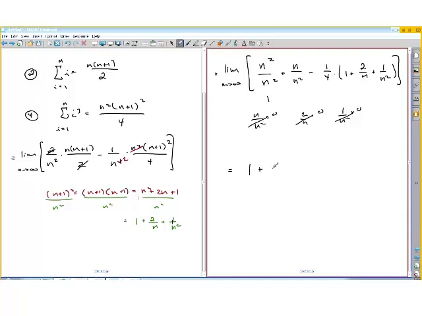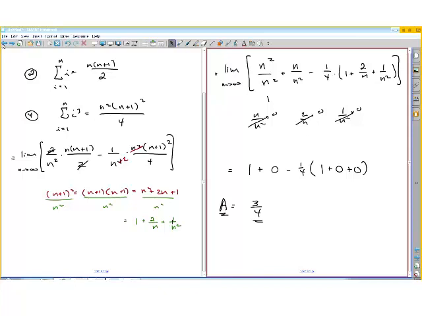So we get 1 plus 0 from this term minus 1/4 times 1 plus 0 plus 0. This goes to 0, that goes to 0. So 1 minus 1/4 is 3/4. So that is the area underneath the curve, 3/4.